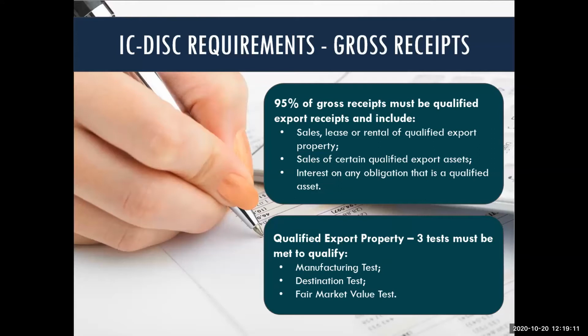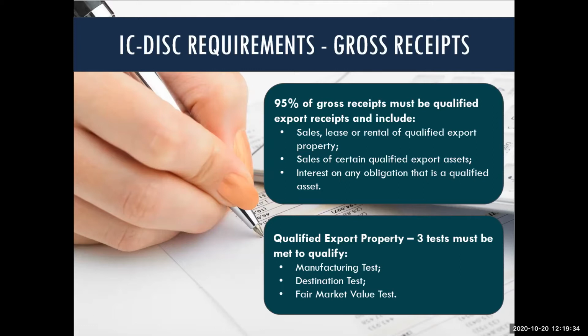So the next requirement, the gross receipts requirement, states that 95% of gross receipts must be qualified export receipts. What this means is that the income into the IC-DISC has to be a qualified gross receipt. And pretty much the only income the IC-DISC will receive is the commission income.